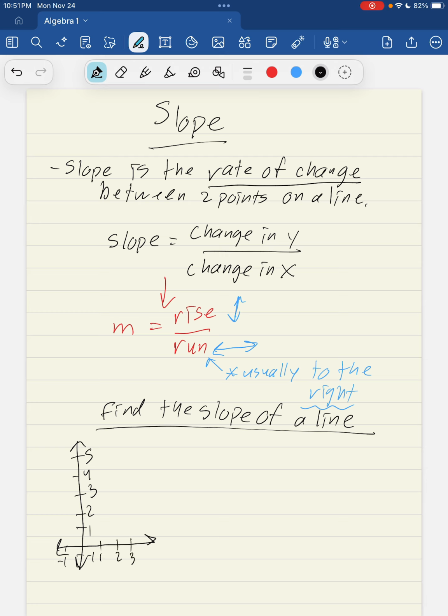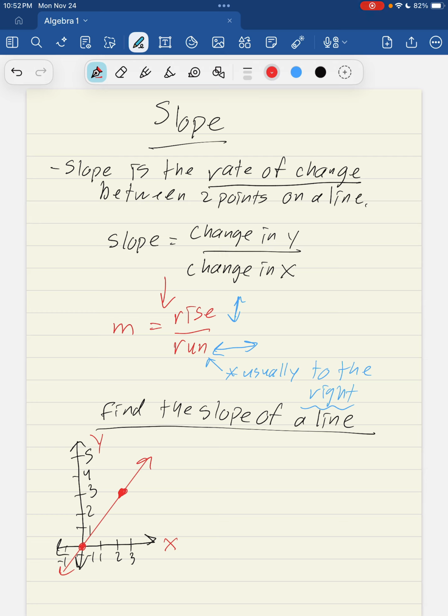If we wanted to find the slope of a line, the graph is going to give you some information here. So there will be something like this. Let's see if I can do a nice straight line. Not a bad line. Anyway, there is our line, and you're usually going to have some nice dots on it to work with.